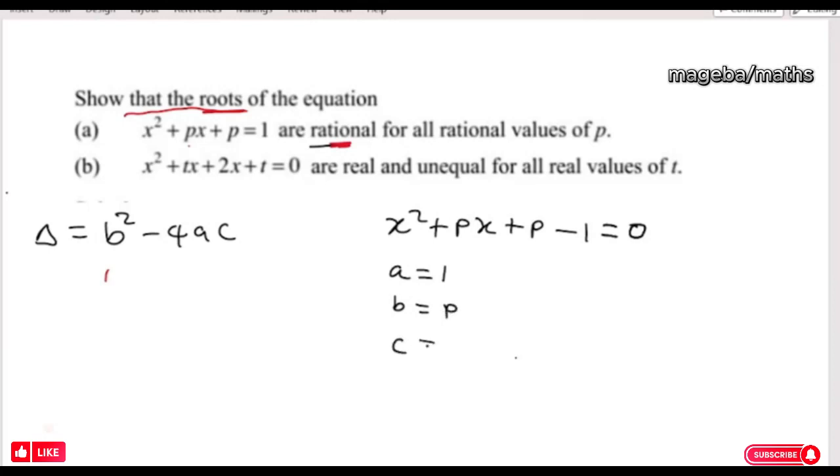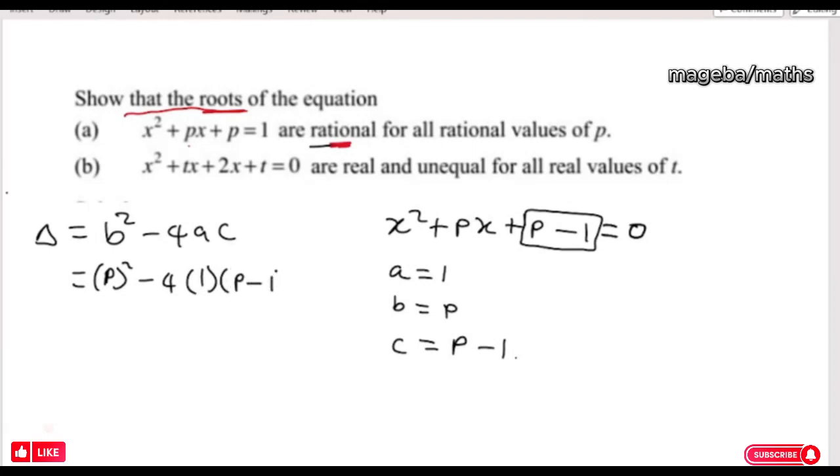And our value of c is going to be the whole of this, which is p minus 1. That is going to be our c. Now let's get going. My b is p, so it's going to be p squared, then minus 4. Our a is going to be 1, and then our c is what?